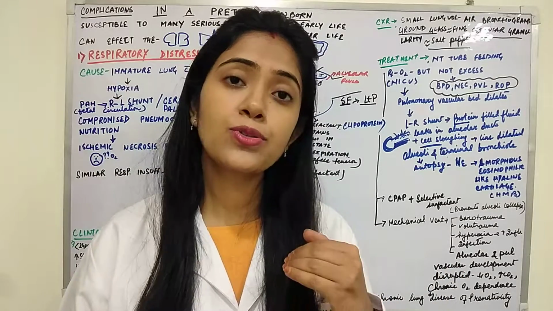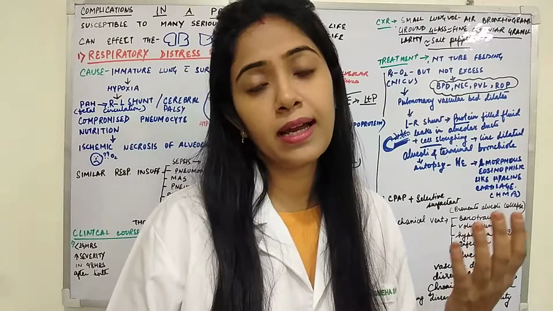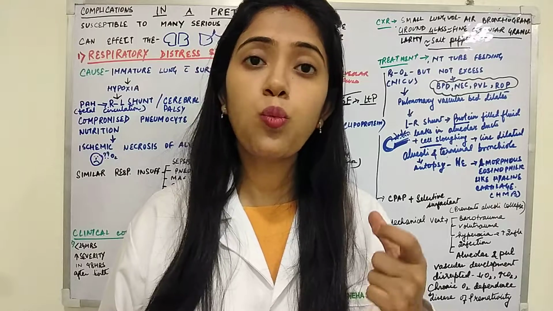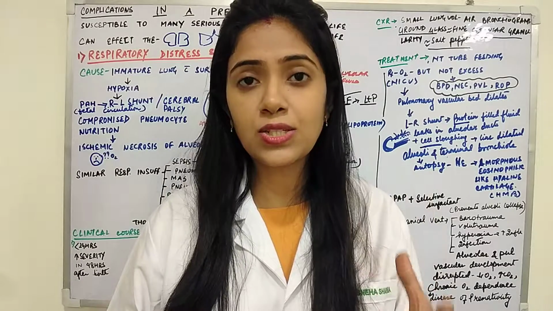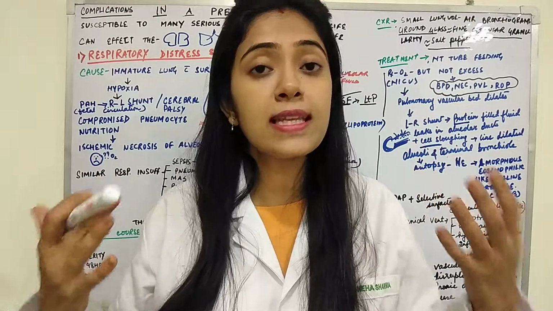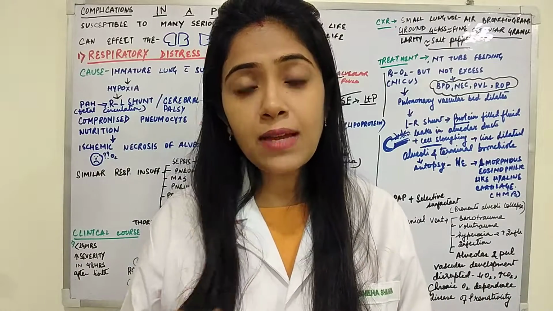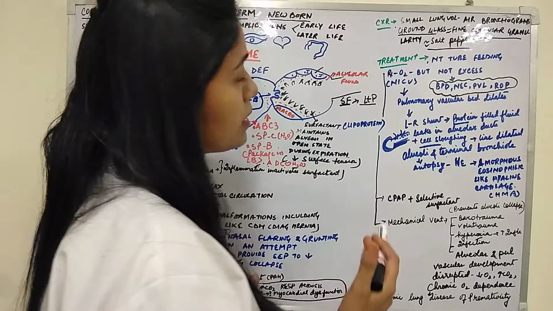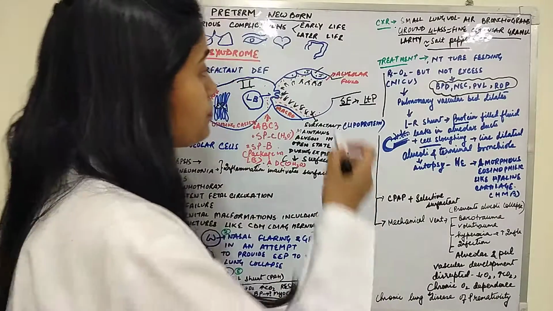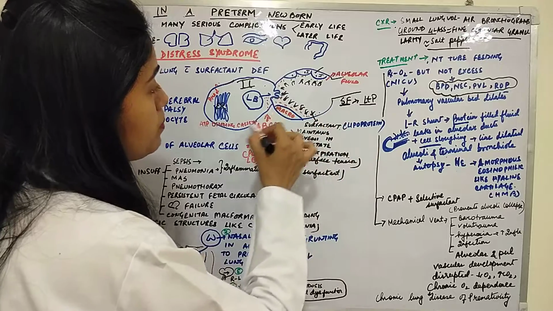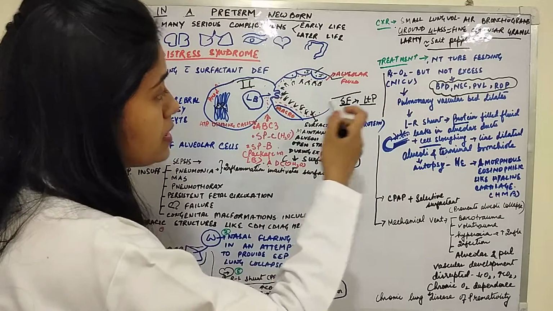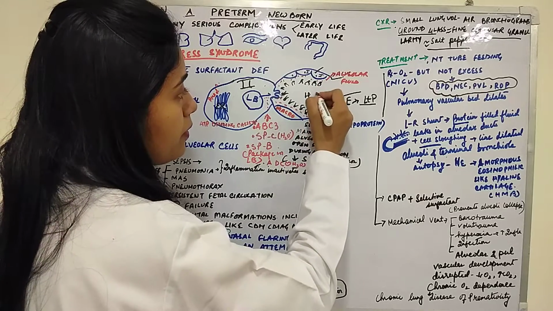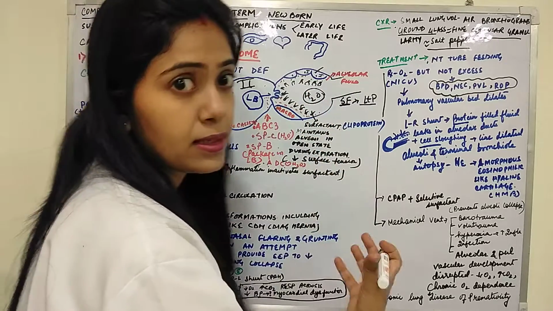So now we are going to talk about the etiology behind respiratory distress syndrome. Etiology means what is the cause of this distress, and at what level this immaturity in the lung takes place. There is something we know as the alveoli, which is the terminal part of the respiratory tree where the air is present in the lungs.